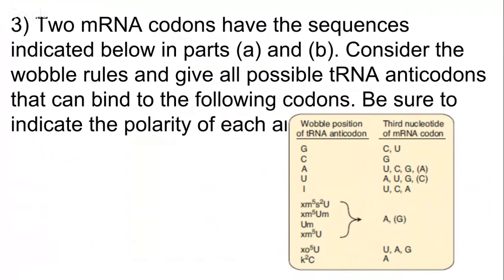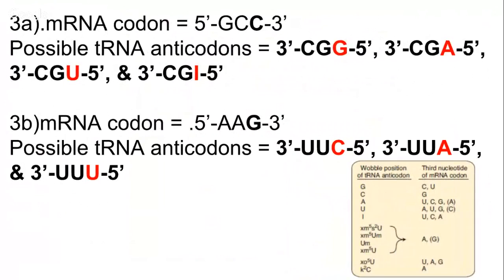And for number 3, they give us the mRNA codons, and they want us to find all possible tRNA anticodons. And so we have the mRNA codon 5' end GCC and a 3' end.